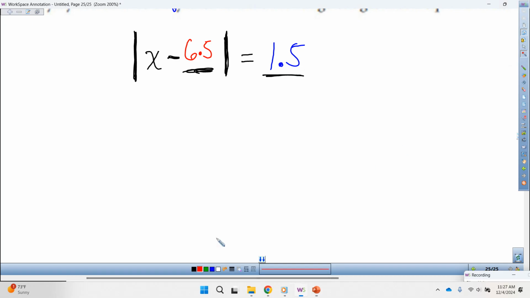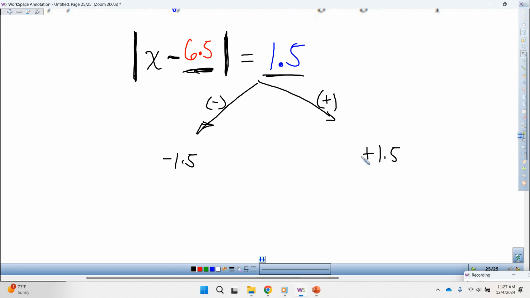Let's solve this. From this point, since the absolute value is by itself, we do 2 equations. One for the negative 1.5 and one for the positive 1.5. So negative 1.5, positive 1.5, and an equation using whatever's inside, which is x minus 6.5, x minus 6.5.